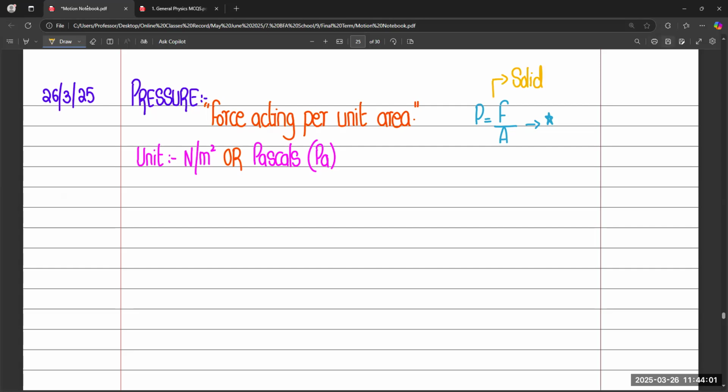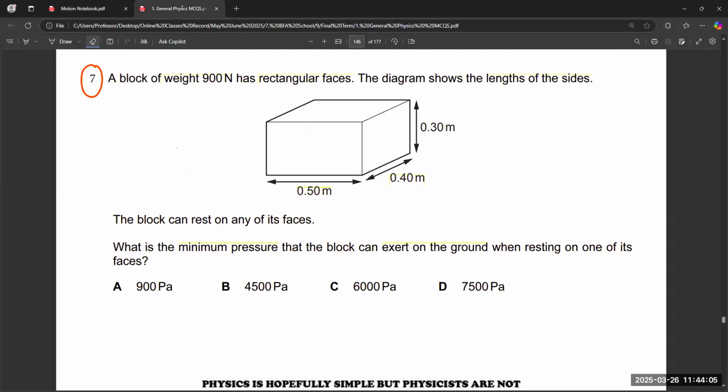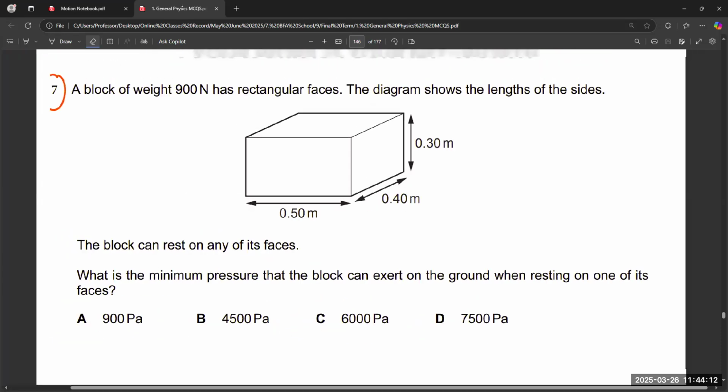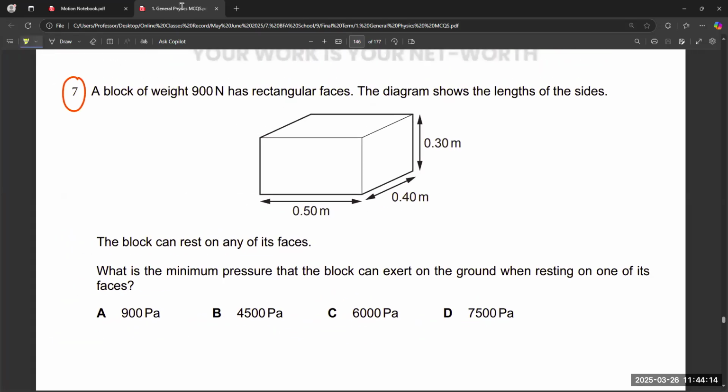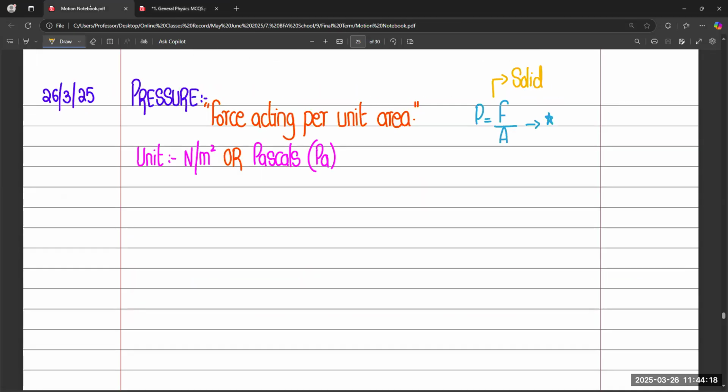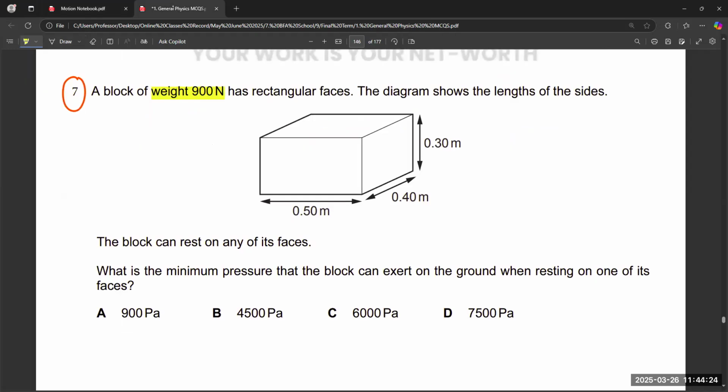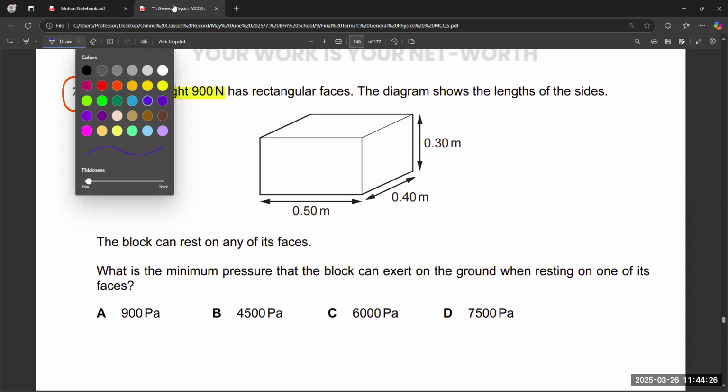So for example, consider a question: a block of weight 900 Newton has rectangular faces. So the weight of the block has been given, and according to the formula, we have force. Weight is also a type of force, so basically force is given.